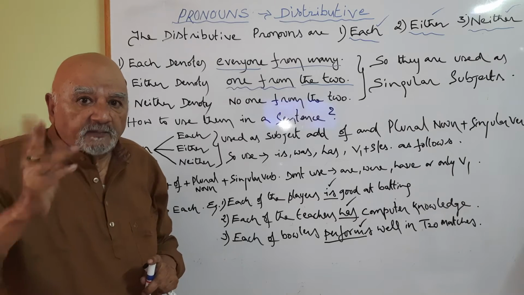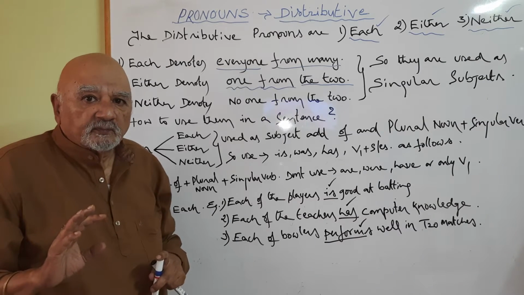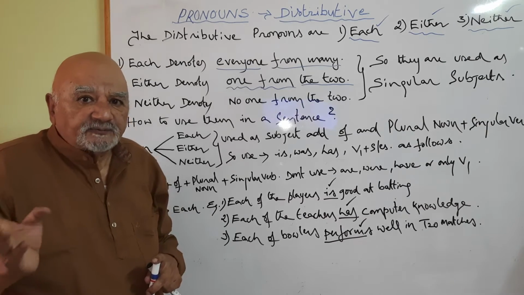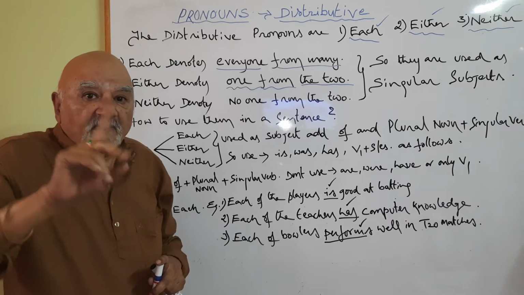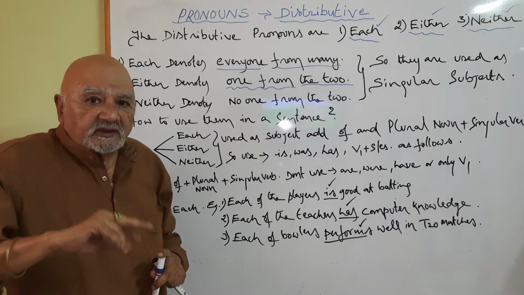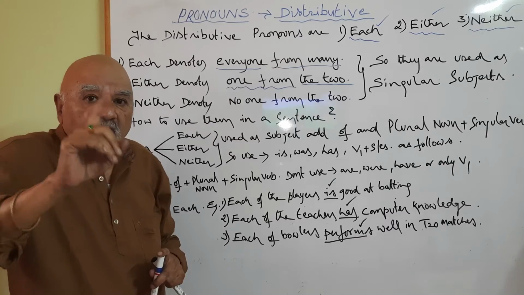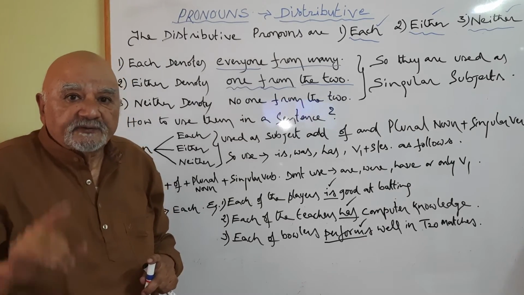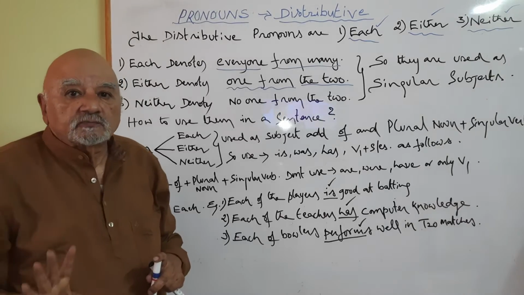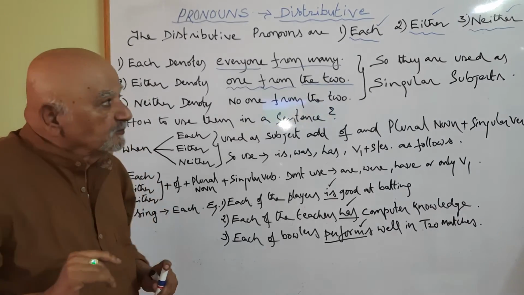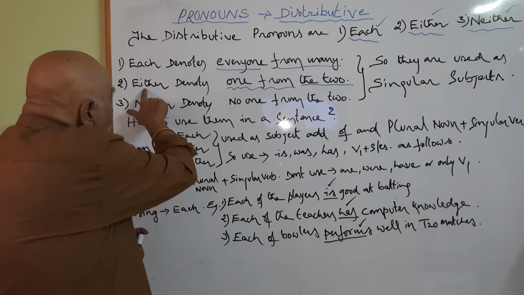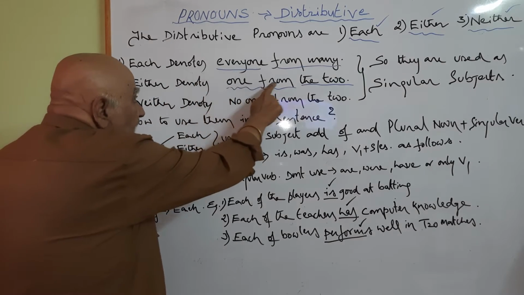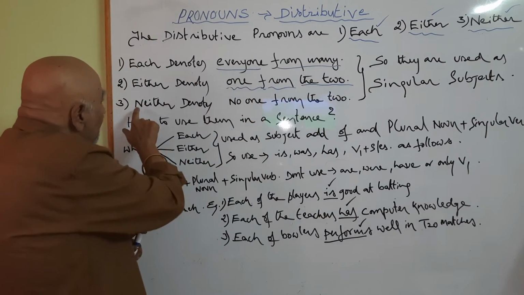Either of the batsmen means any one of the two. Either of the bowlers means any one of the two. Either of the heroes means any one of the two. Be careful. So, either denotes one from the two.